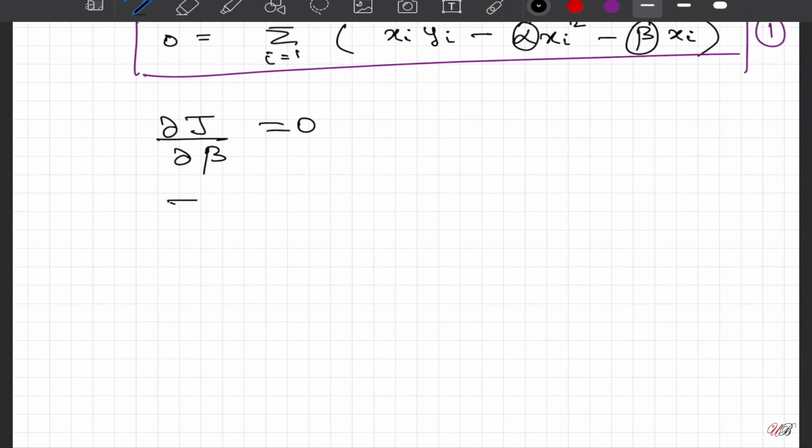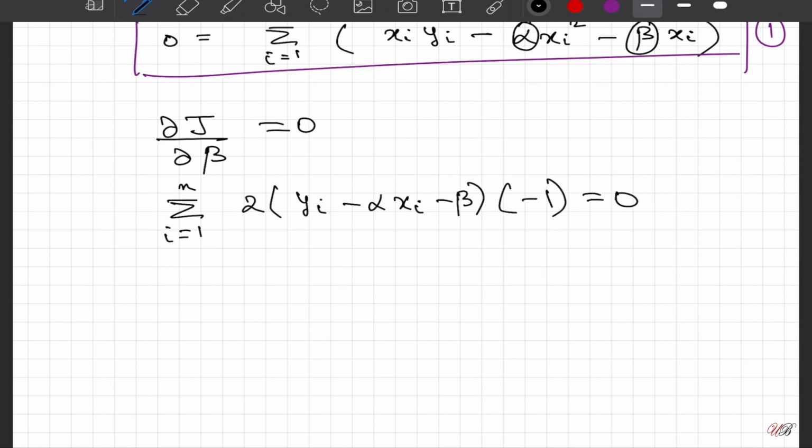What we get is the summation from i equals 1 to n of 2 times (yi minus alpha xi minus beta) times minus 1 equal to 0, because I differentiate this with respect to beta. This will go away, this will go away, and I would only be left with beta. Differentiation of beta with respect to beta would be 1, and with the minus sign, that's why it's minus 1.